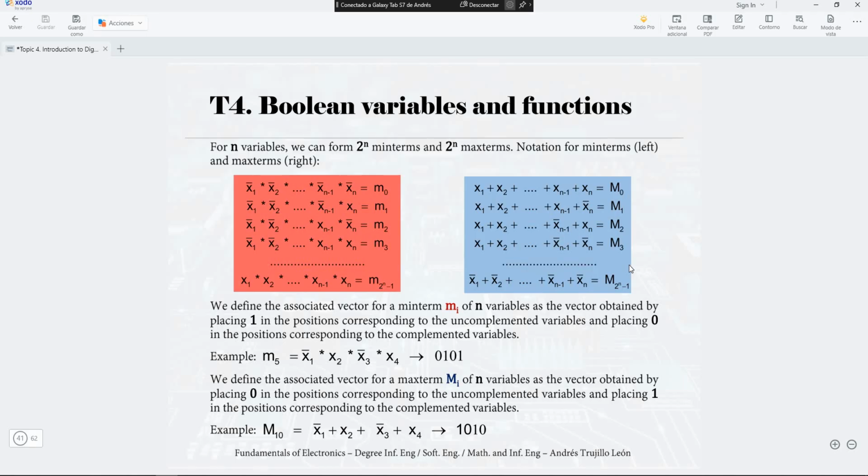For example, imagine that we have a function with 2 variables, the min terms that I can have here are these. Both of them negated, one negated and the other not.